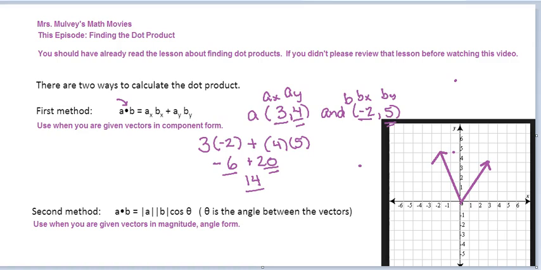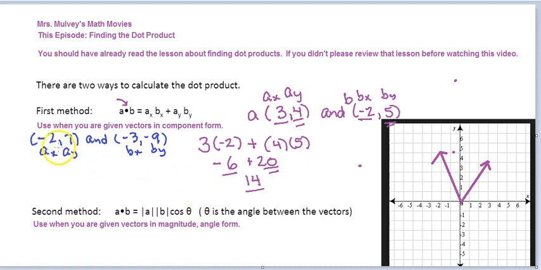Let's try one more. This time we're going to find the dot product of -2, 7, and -3, -9. So you can label these A sub x, A sub y, B sub x, B sub y.